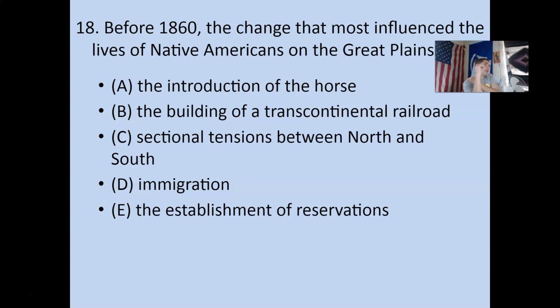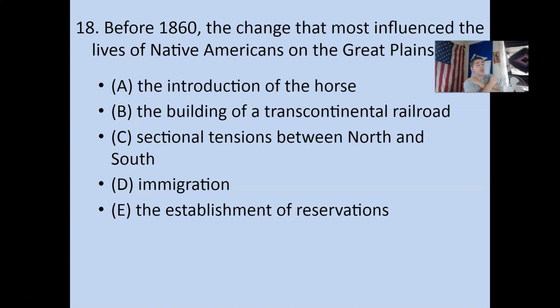Number 18. Before 1860, the change that most influenced the lives of Native Americans on the Great Plains was: A. The introduction of the horse. B. The building of a transcontinental railroad. C. Sectional tensions between North and South. D. Immigration.